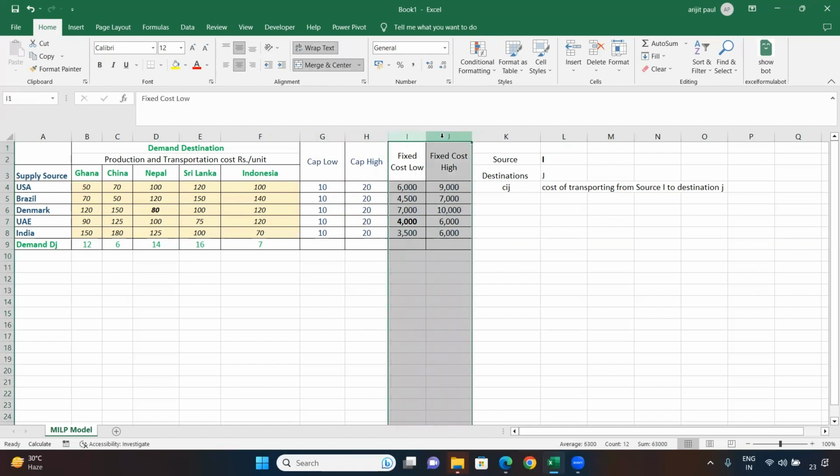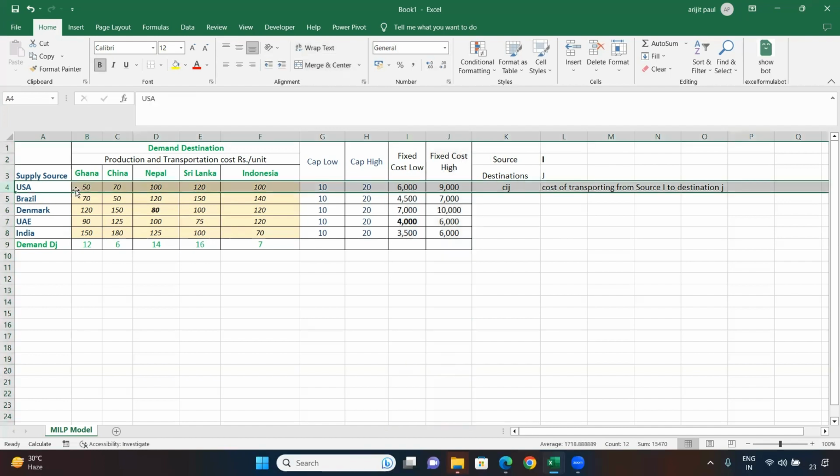Again, we have segregated the data into two types based on the capacity of the plant. If you set up a low capacity plant in USA, you have to spend around 6,000. If you want to set up a high capacity plant, you have to spend around 9,000 rupees for USA.